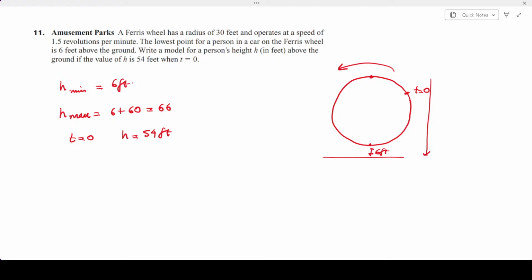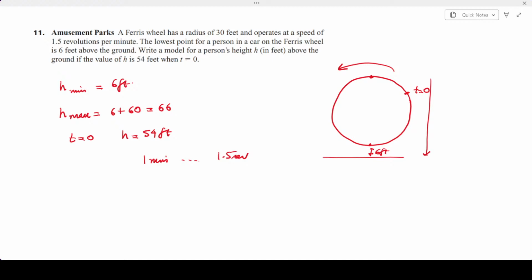Now what will you do in this case? First of all, get the period. In 1 minute there are 1.5 revolutions. Period is the time taken for one revolution.